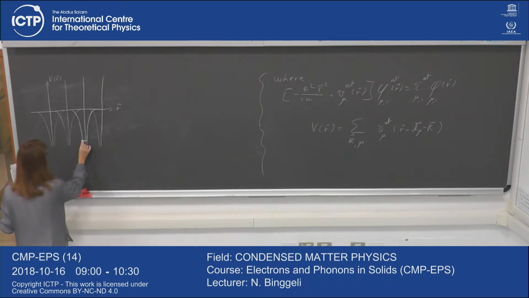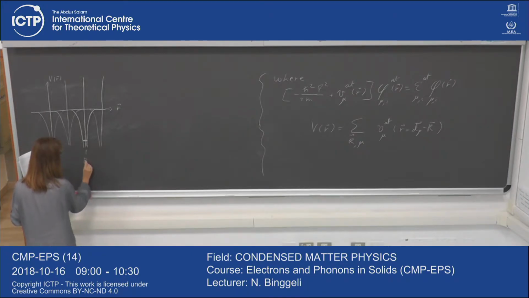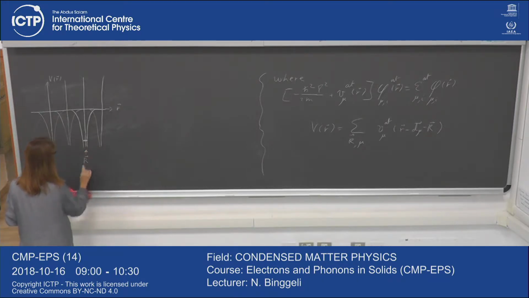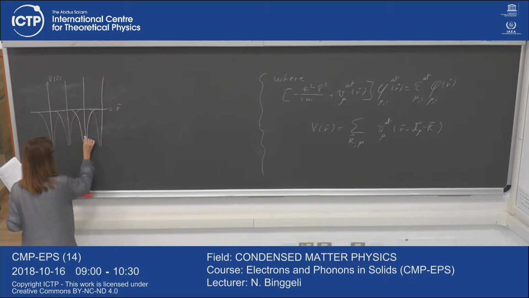So this is the energy of my 1s state. So this is at the position R of the Bravais lattice, where I have an atom, and I will have the wave function of the lowest state of this atom.